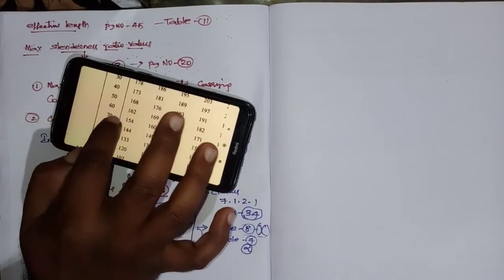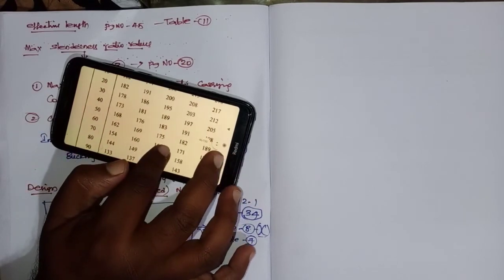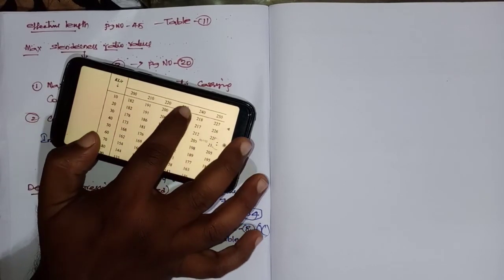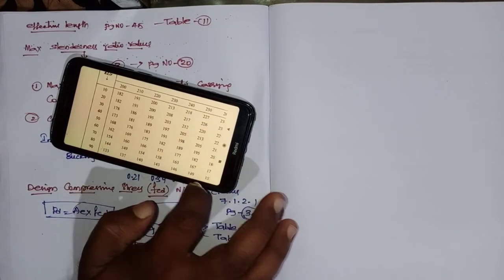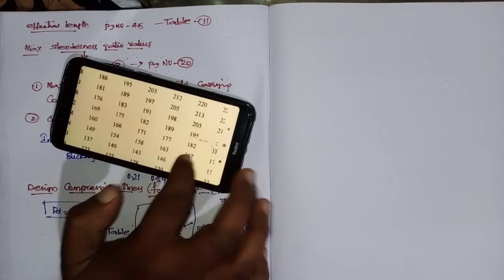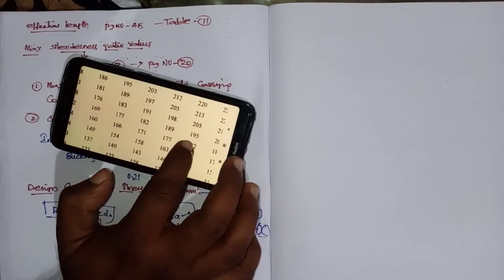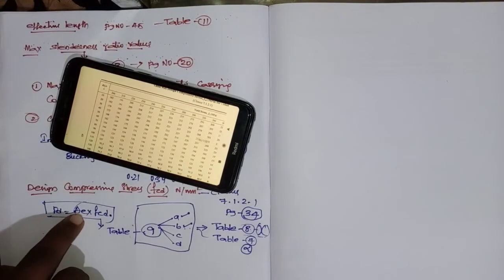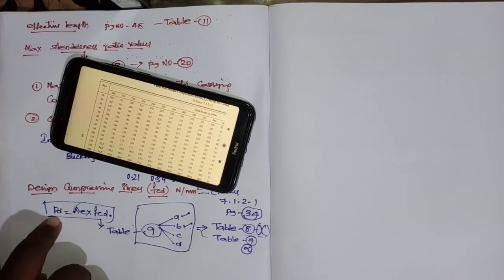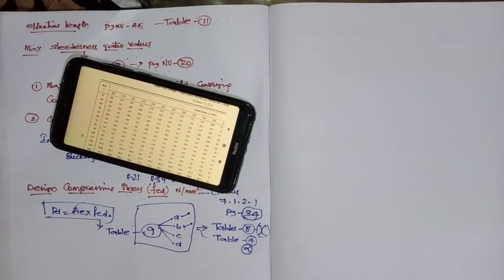So it lies between 60 and 70, and our yield stress value is say 250. For 250, for 60 it is 195 and for 70 it is 182. So whatever value we get in between, that is the Fcd value. That value multiplied with the area, you will be getting the strength.